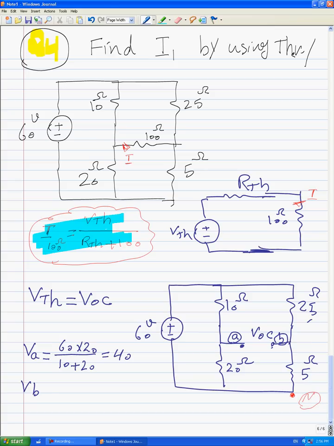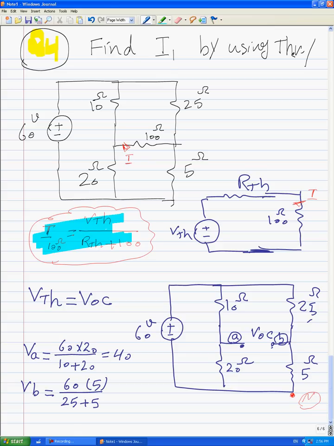And same scenario for B. VB is equal to again total voltage 60 divided by 25 plus 5, times 5.